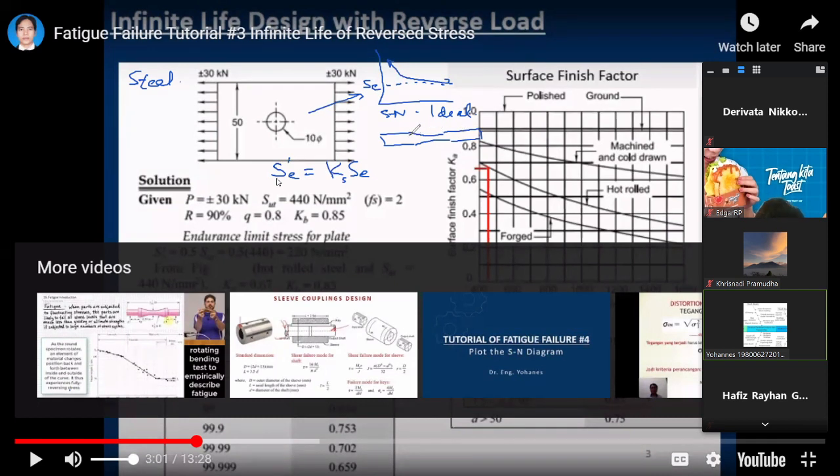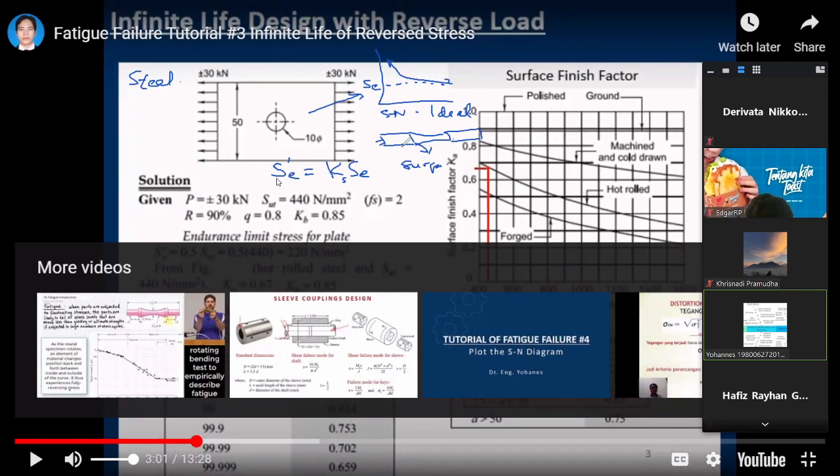And in the laboratory test, the surface finish also has influence on the endurance strength of this material.